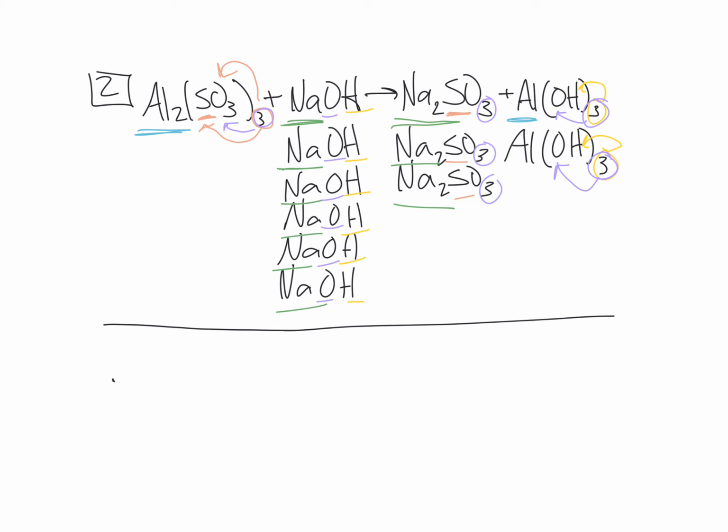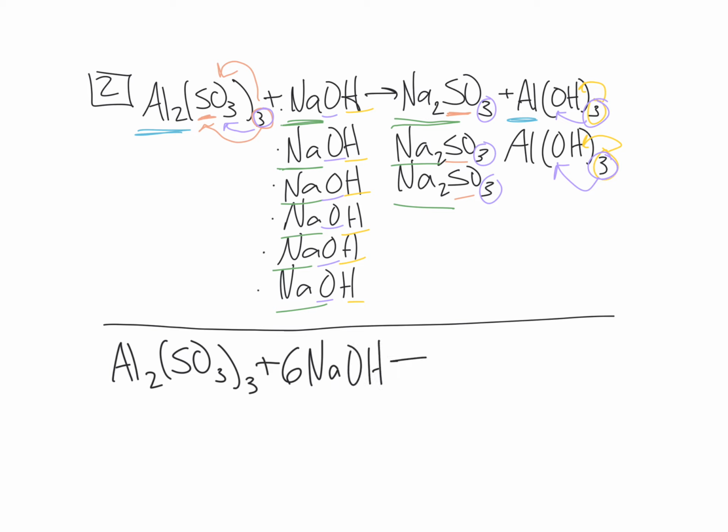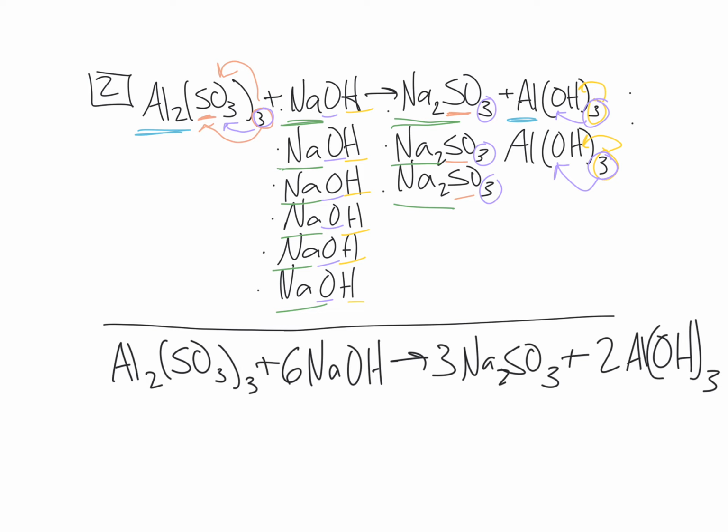We had 1 aluminum sulfate, Al2SO3, and when the coefficient's 1, you don't have to write it, plus 1, 2, 3, 4, 5, 6 sodium hydroxides, NaOH, and that yielded 3 sodium sulfates plus 2 aluminum hydroxides, AlOH3. And that there is a balanced chemical equation.